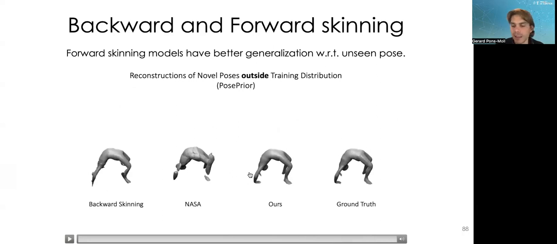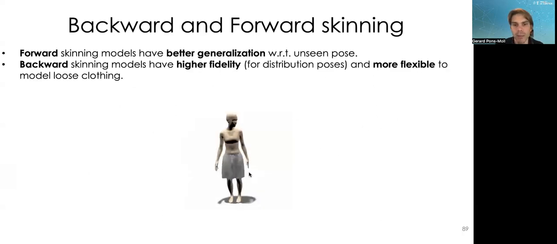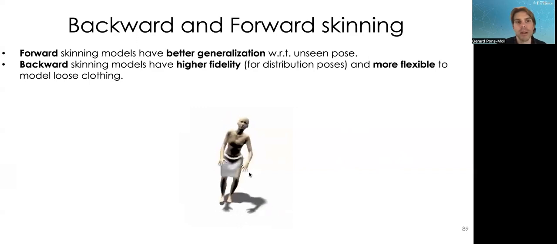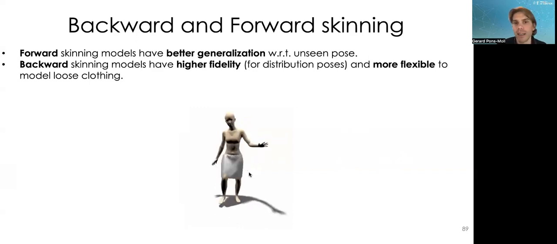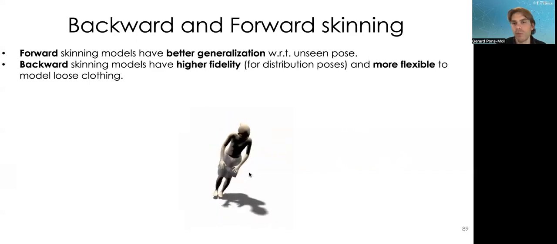Now, in terms of detail, backward skinning models are still better. So basically forward skinning models have better generalization to unseen poses, but backward skinning models have higher fidelity and are more flexible to model things like loose clothing, for example.